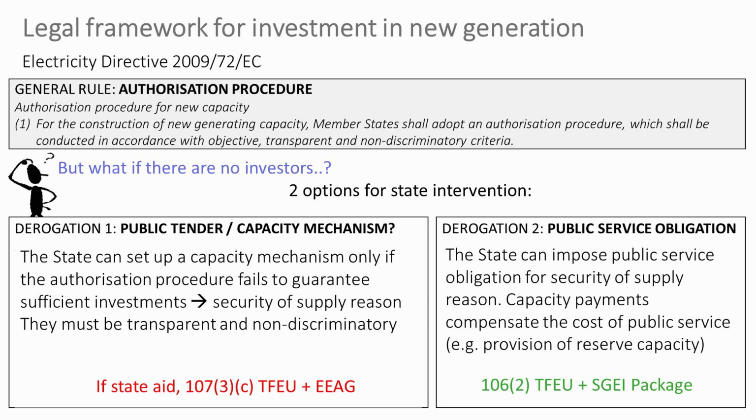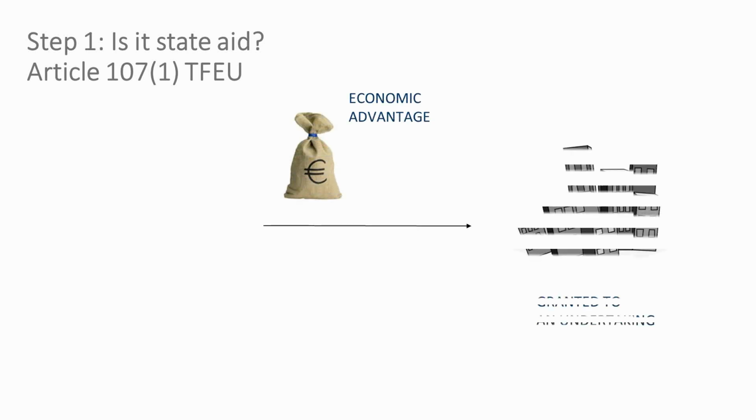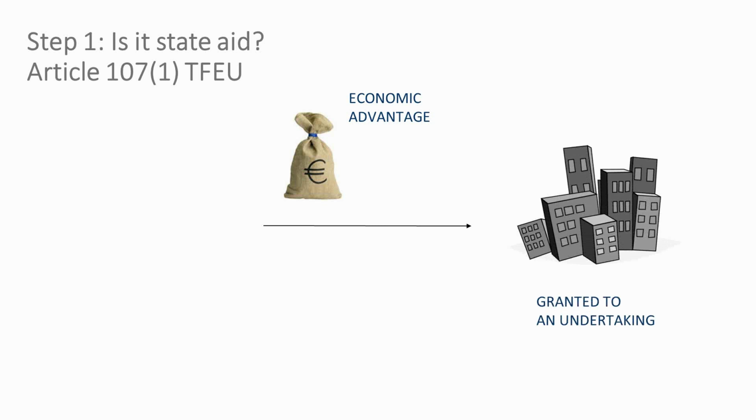But when are capacity mechanisms actually state aid? For capacity mechanisms to be state aid, there are 4 conditions which need to be met, and those 4 conditions are set out in Article 107. So there must be an economic advantage, which must favor certain undertakings.